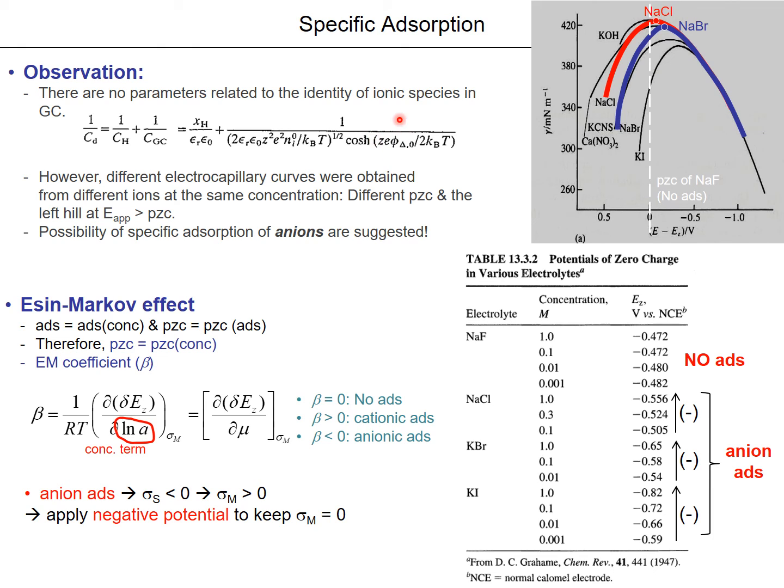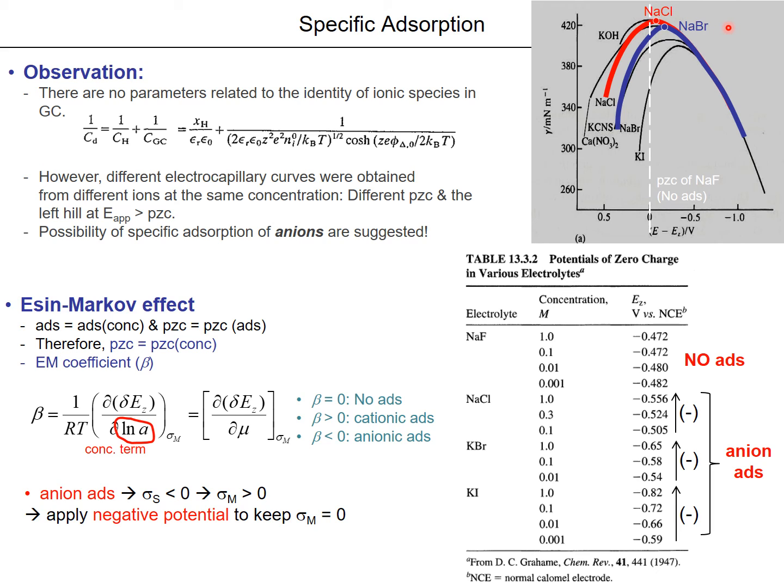However, different electrocapillary curves were obtained from different ions at the same concentration. Look at that. Let me take two curves. This is sodium chloride and this is sodium plus. The value of Z, I mean the number of charge, are the same, +1, +1, -1, -1.